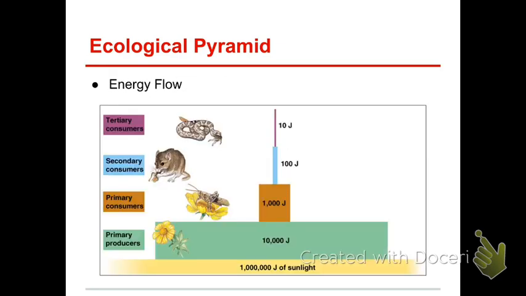So here's a good visual of it. If we have 10,000 joules of energy that were converted by the primary producers, only 10% move up to primary consumers. Okay, that's a 10% transfer of energy. Only 10% of this move up to here. So of the original 10,000 joules, what percentage are we at now?